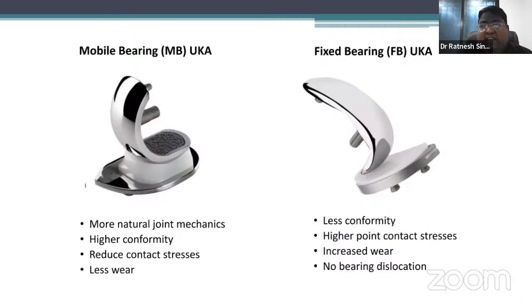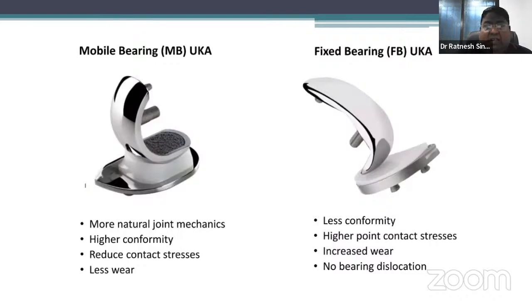Now coming to the fixed bearing implants, they have less conformity, high point contact stress, and a high wear rate, but the advantage is there is no bearing dislocation. Newer papers suggest that fixed bearing has a much better role than the mobile bearing, but we still need to see the long-term results of the fixed bearing.